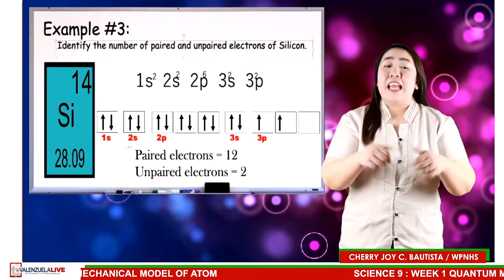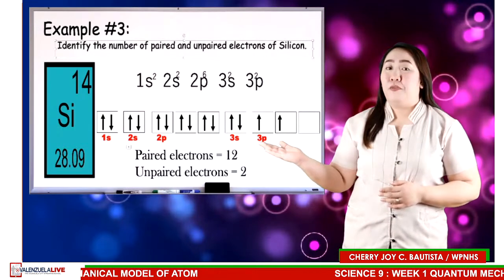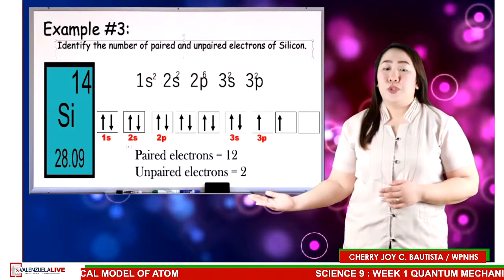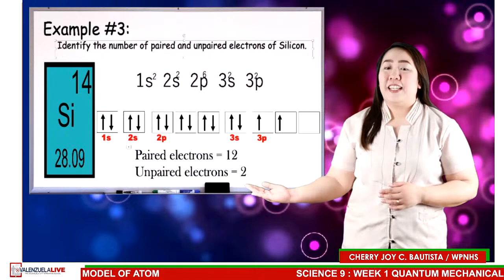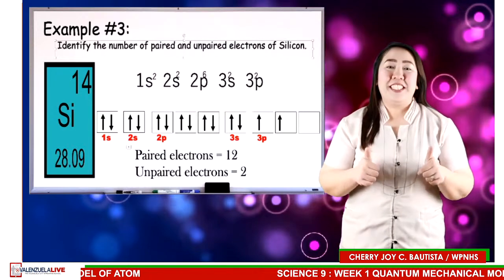Correct! Silicon has 12 paired electrons and 2 unpaired electrons. Very good, grade 9 students!